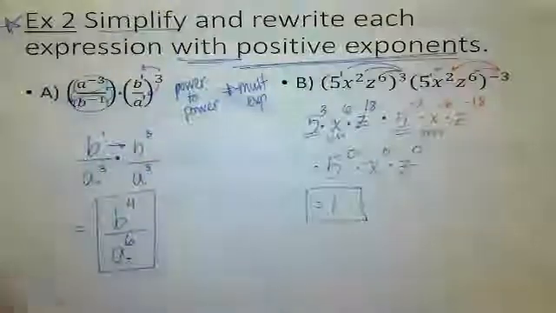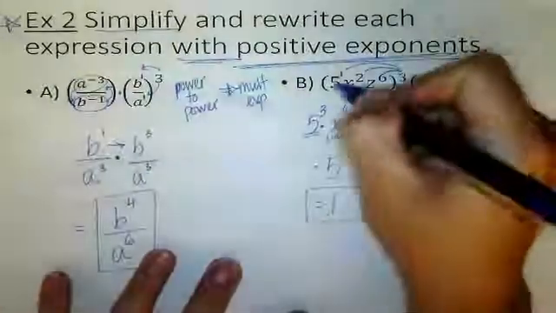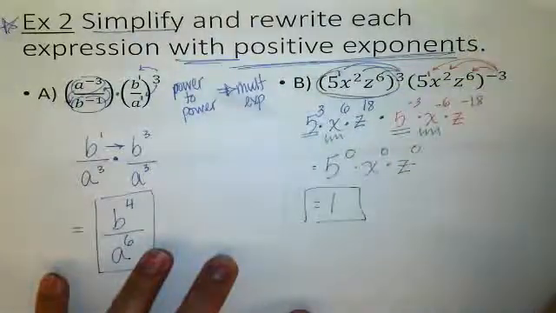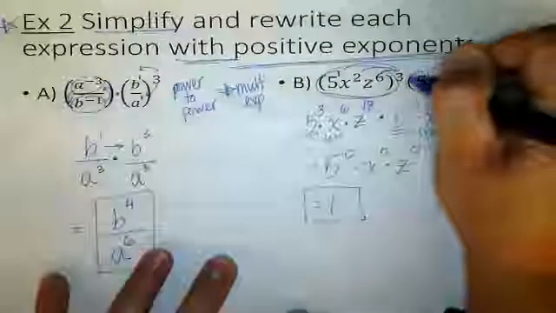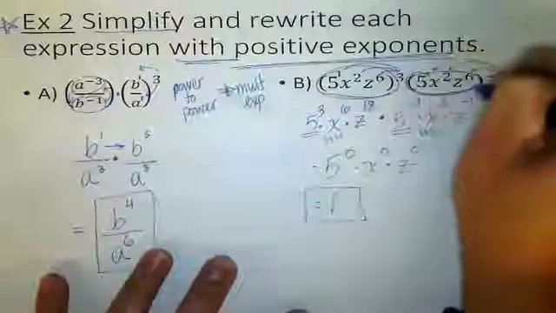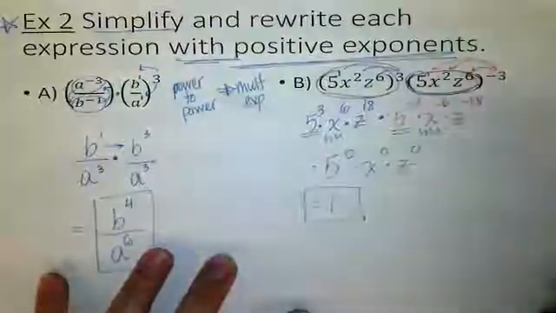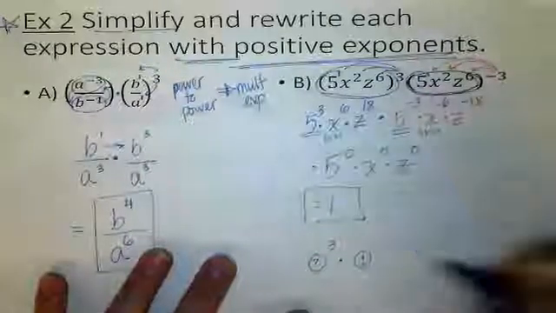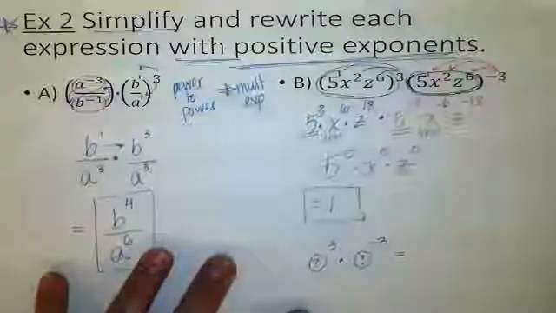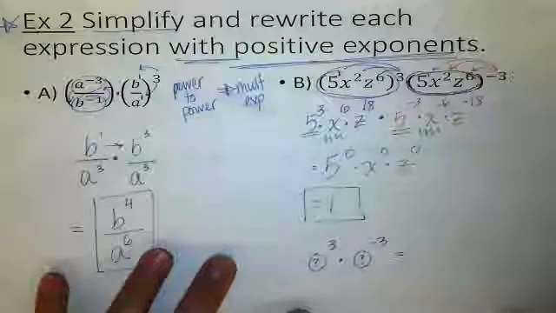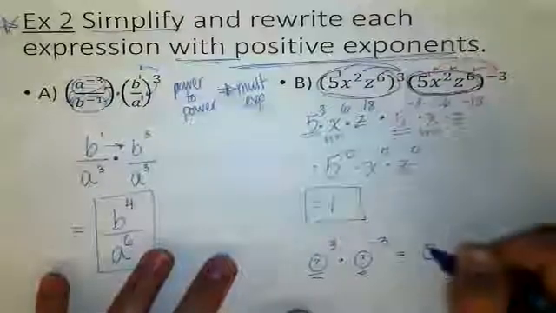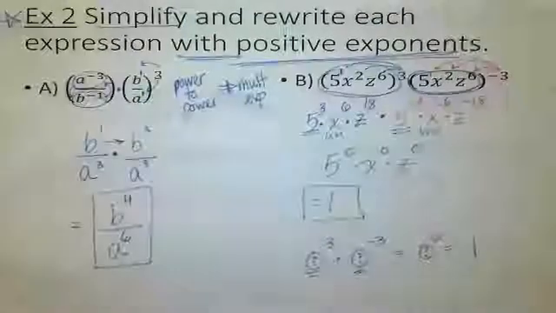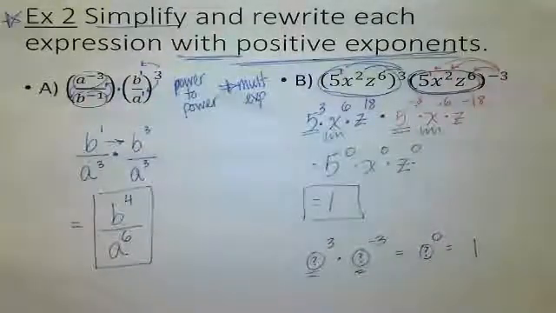Well, really, if you would step back and notice that, hey, this is my base, 5x squared z to the 6th, times another base to a power of 3. So whatever that is to the third power times whatever that same base is to the negative 3 power is going to give you same base, add your exponents. It doesn't matter what that base is. It's going to be 1, okay?